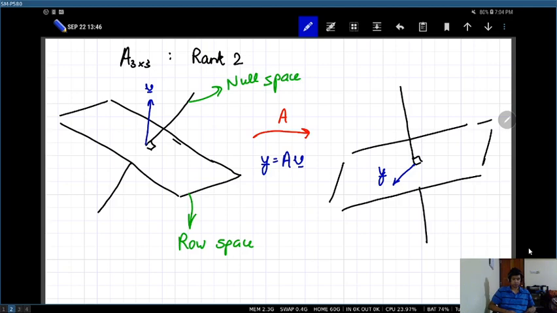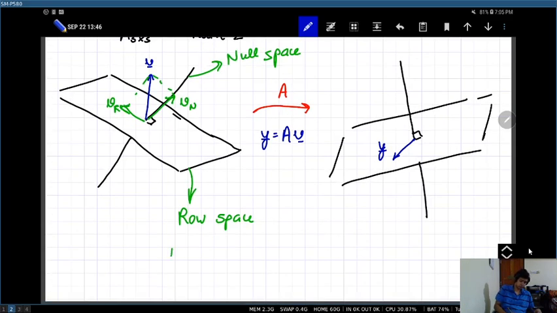Now if you take any arbitrary vector v in R3, then you can decompose it as a sum of two vectors. One is the component along the null space, let's call it Vn, and another component which is in the row space, Vr.